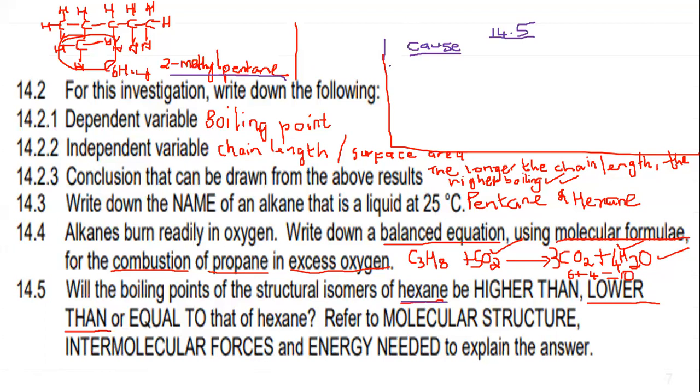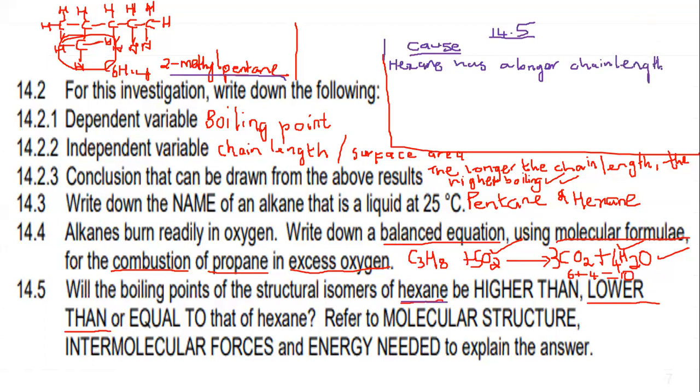Then I will say hexane has a longer chain length than its isomers. Yes, because there's actually more than one isomer. I just drew one for you.